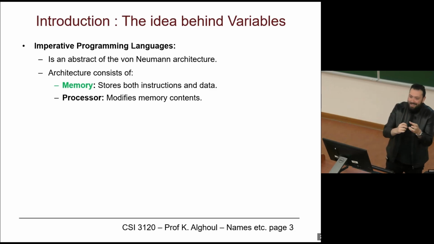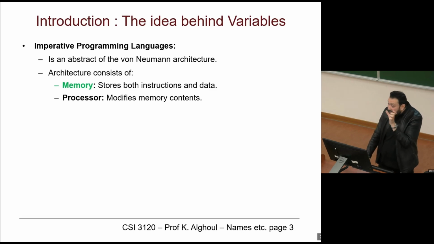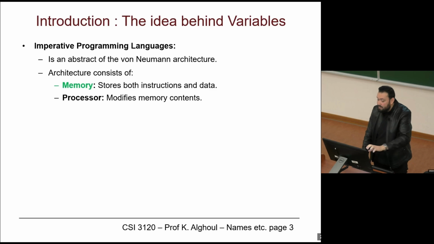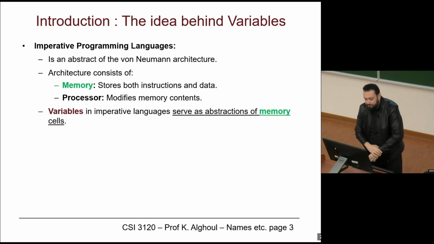For example, if you say int x, you reserve something in the memory, and then you say int x equal 20, you manipulate this value and so on. Now the variables specifically represent which part, the memory or the processor? Of course, the memory, because it's the variable.